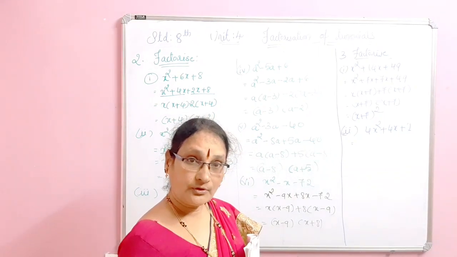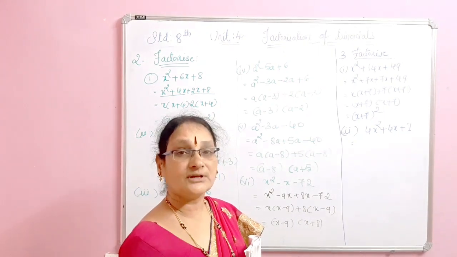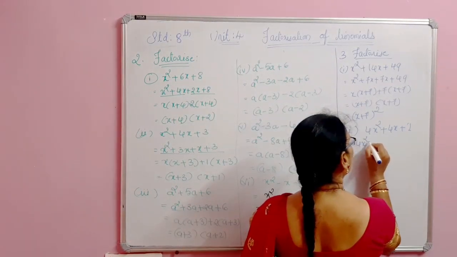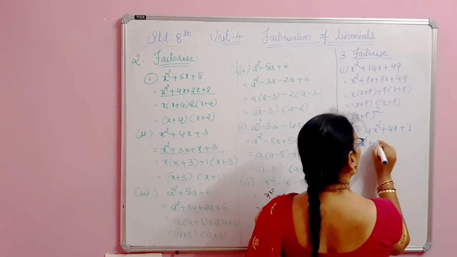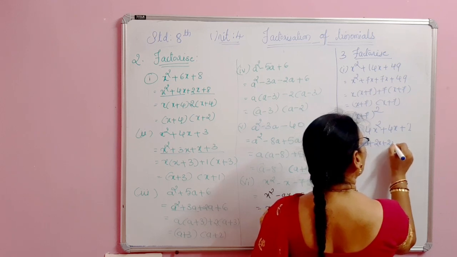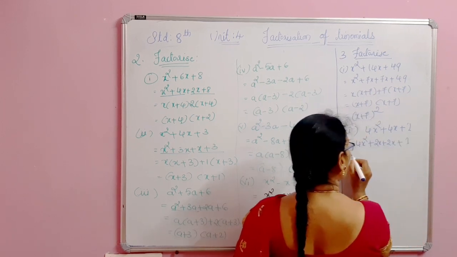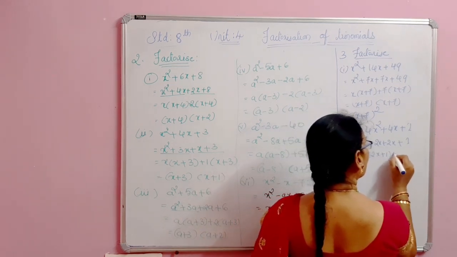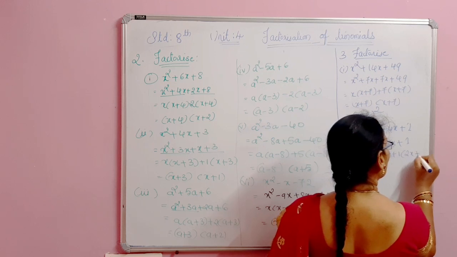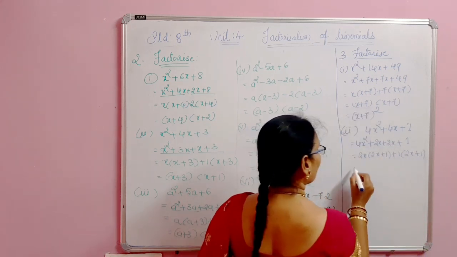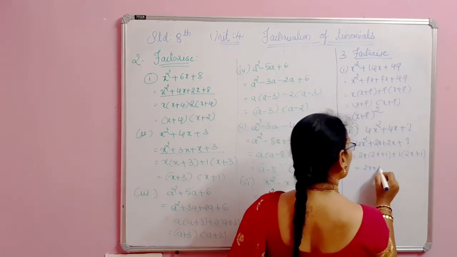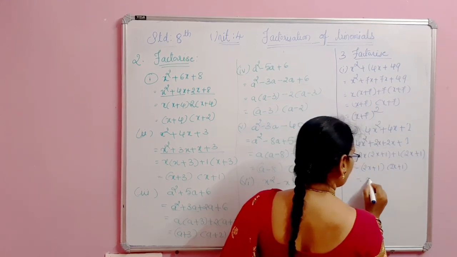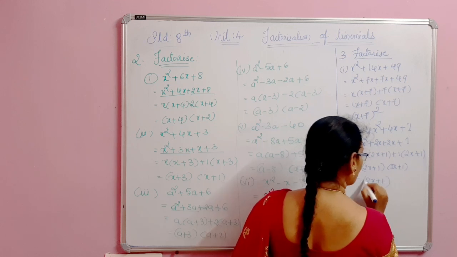On multiplication 4, on addition 4 means 2 2s are 4, 2 plus 2 is 4. So 4x square plus 2x plus 2x plus 1 as it is. So 2x is common, 2x plus 1, plus 1 is common, 2x plus 1. So 2x plus 1, 2x plus 1, that is 2x plus 1 whole square.